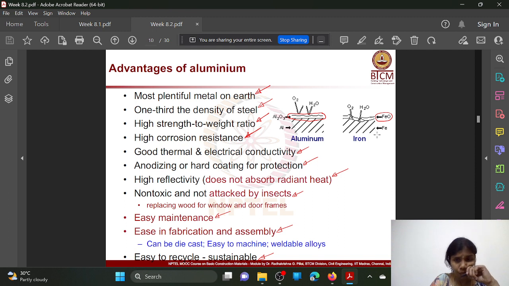But in case of iron, this iron oxide cannot stop the ingress of water and oxygen, so the water and oxygen will reach the iron product and it will get corroded. So high corrosion resistance, good thermal and electrical conductivity. These are all the advantages of aluminium: ease of maintenance, ease of fabrication, etc.